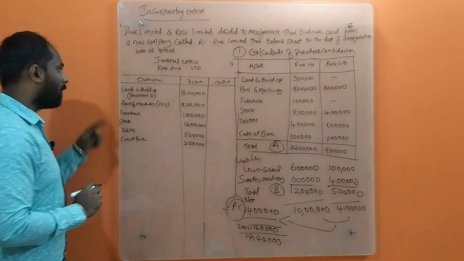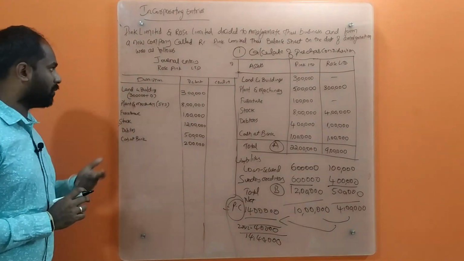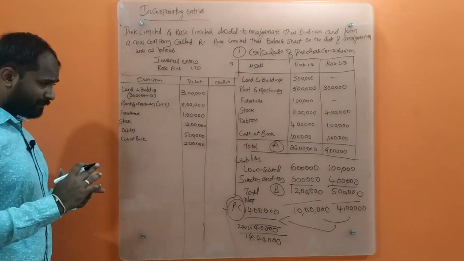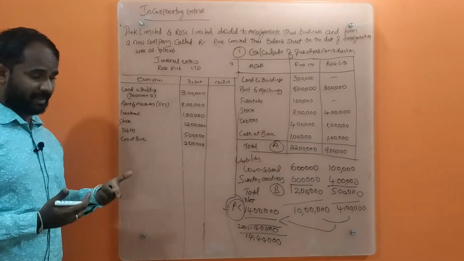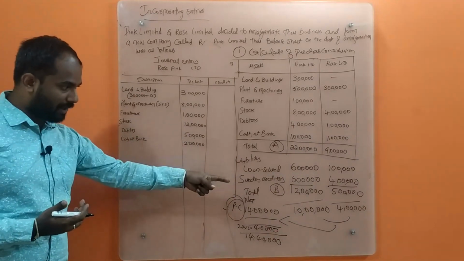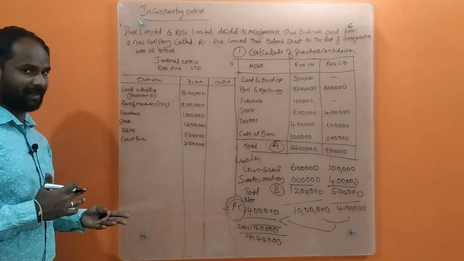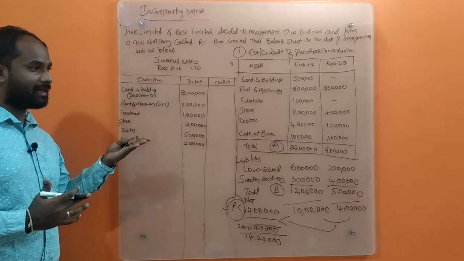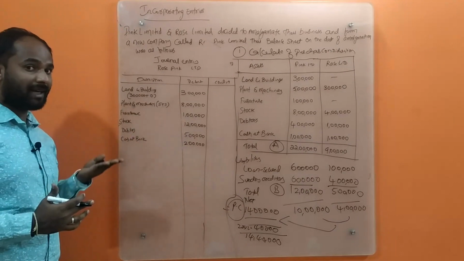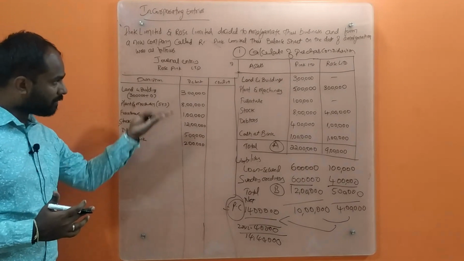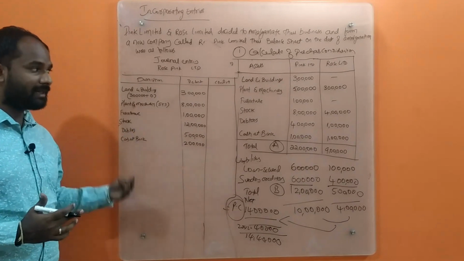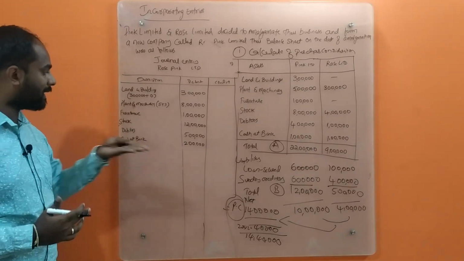So next item, all the assets are coming in, so we debited in the books of Rose Pink Limited. Same way assets is coming in, same way these two liabilities also coming into Rose Pink Limited, right? So when liabilities are increased, it is credited. When liabilities are decreased, it is debited. So now liabilities are increasing in the books of Rose Pink Limited, so it will be credited.